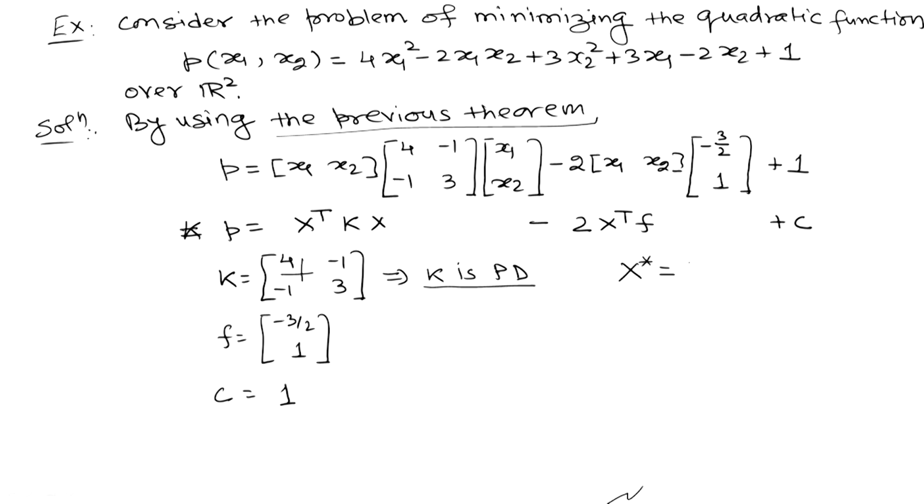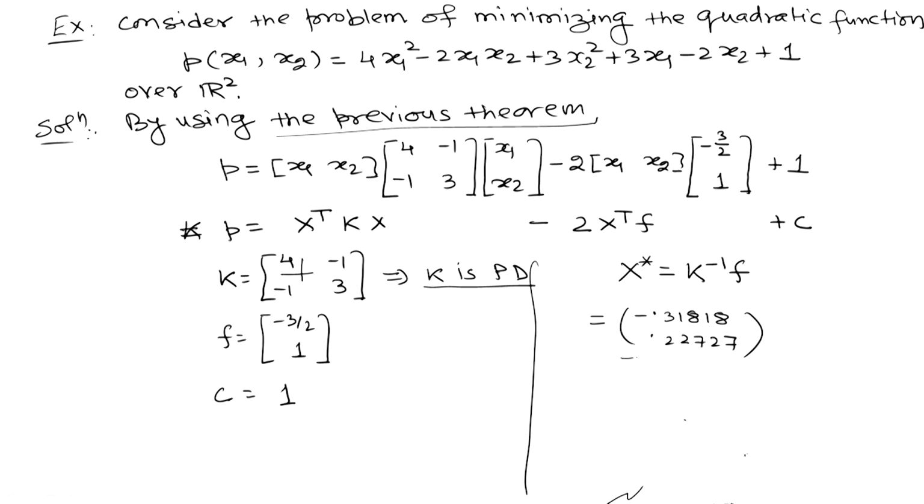Now, this particular function will have its unique minima at x star equals K inverse f. So, if I calculate the K inverse, by the previous theorem x star equals K inverse f, and this comes out to be minus 0.318 and 0.22727.